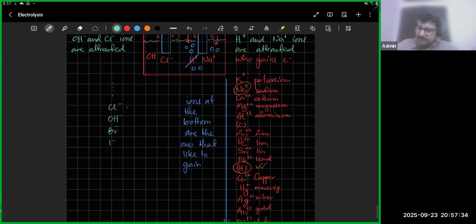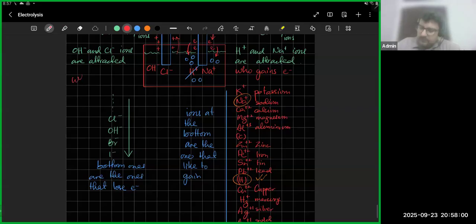Again, in this series, it's always the bottom ones that lose electrons. So the question is, who loses electrons? Whoever is at the bottom.